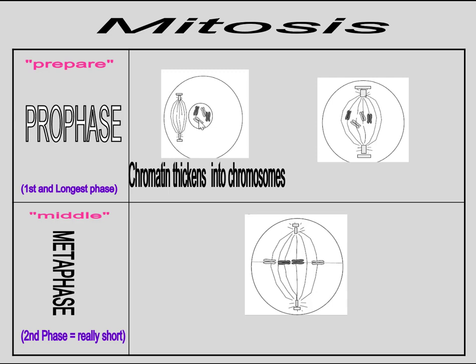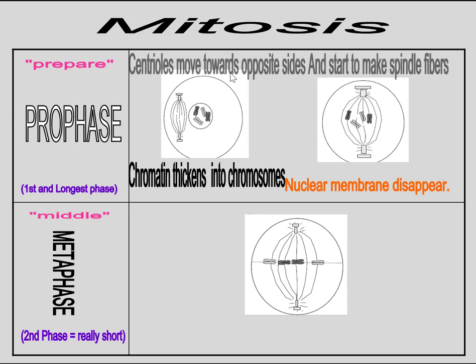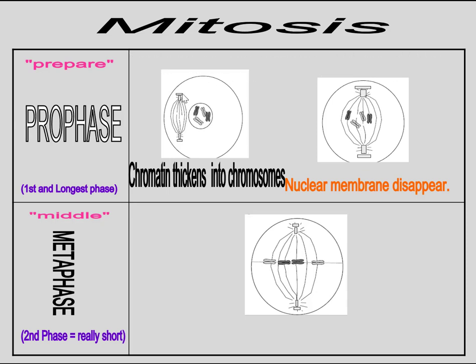Now the second part of prophase: we're preparing, and we have to get these chromosomes out because we need to separate them. So the nuclear membrane disappears. On the side here, you'll notice these little strings and these little tic-tac-looking things.